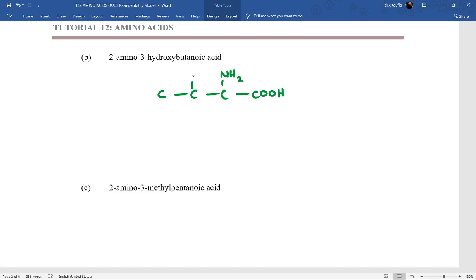Carbon number 3 we have OH. Make sure the carbon is bonded to oxygen. Then we fill in the hydrogens: 1 more H, this one more H, this one will be 3 more hydrogens. This is carbon number 1, 2, 3, 4. 2-amino 3-hydroxy. Okay.